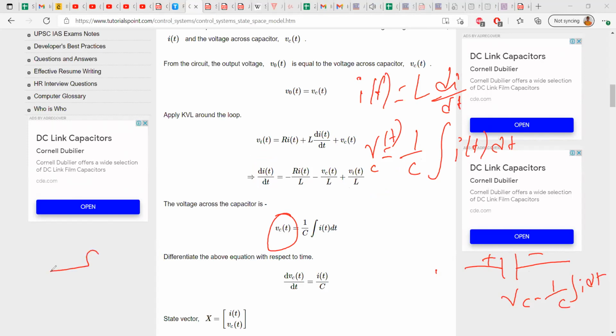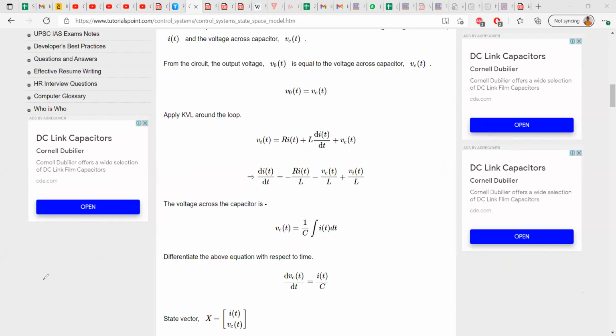If you take the inductor, current flowing through the inductor, I of t. Wait a minute, I made a mistake.